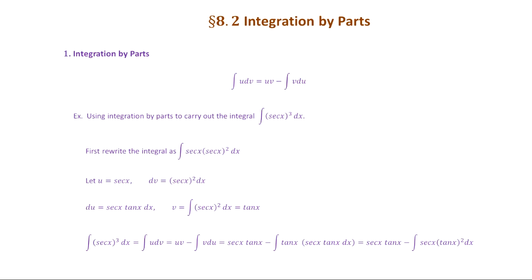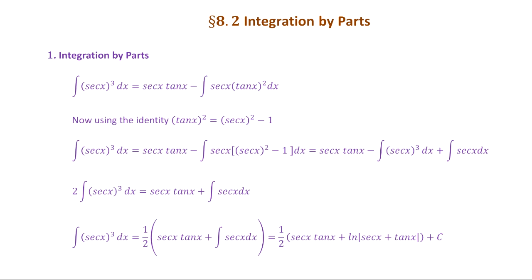Now we have to use the formula again here. I just rewrote the result from the last page: the integral of secant x cubed equals secant x tangent x minus the integral of secant x tangent x squared, which we got on the last step. Using the identity tangent x squared equals secant x squared minus 1 in the second term inside the integral, the integral of secant x cubed dx equals secant x tangent x minus the integral of secant x times (secant x squared minus 1).